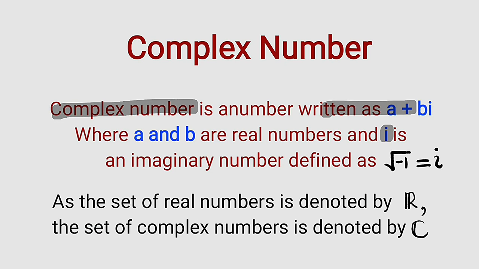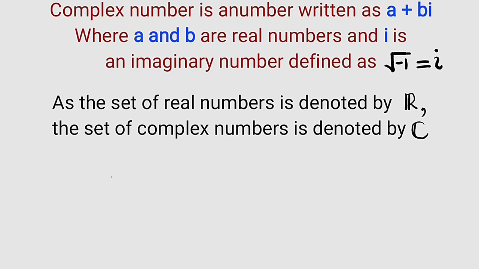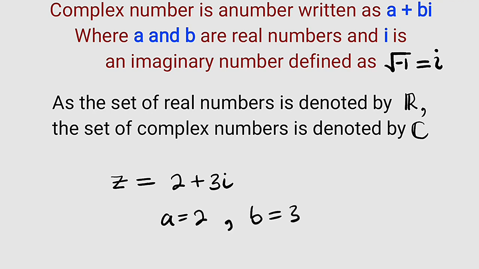As the set of real numbers is denoted by this R, likewise the set of complex numbers is denoted by this type of C. So an example of a complex number, which is normally represented by z, is z equal to 2 plus 3i. This is just an example because we have learned that both a and b are real numbers. So a here is equal to 2 and b is equal to 3.